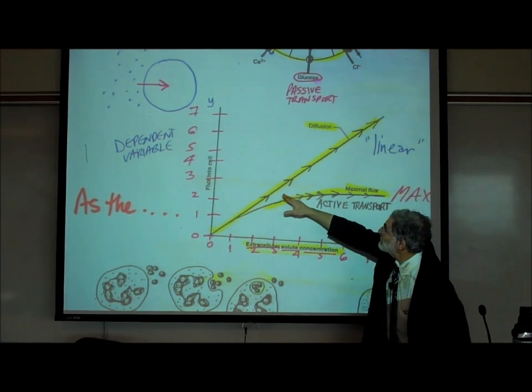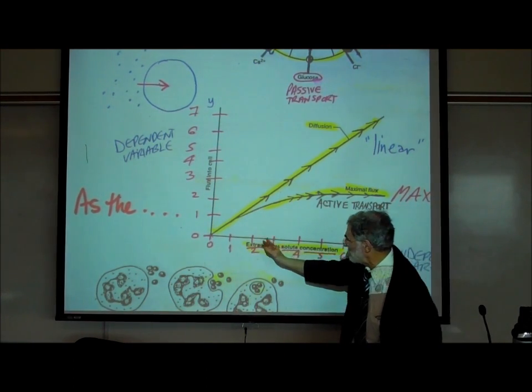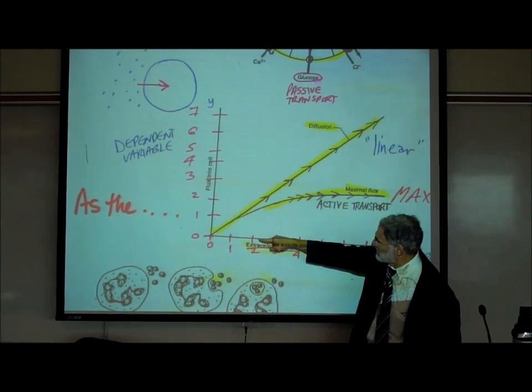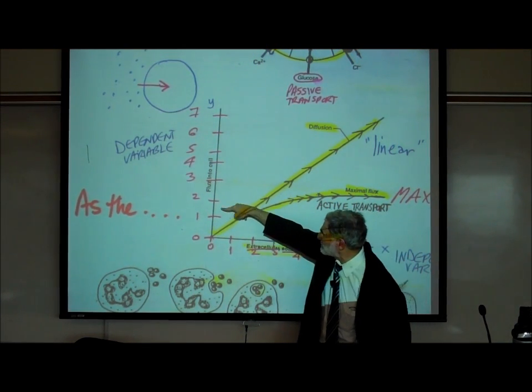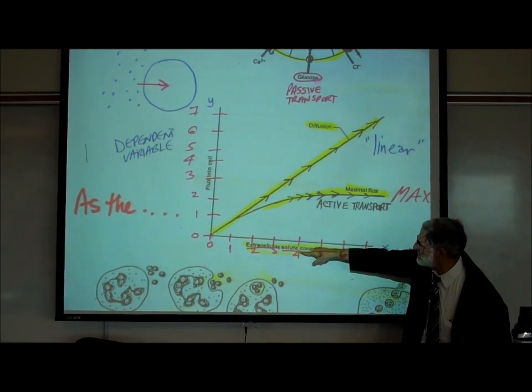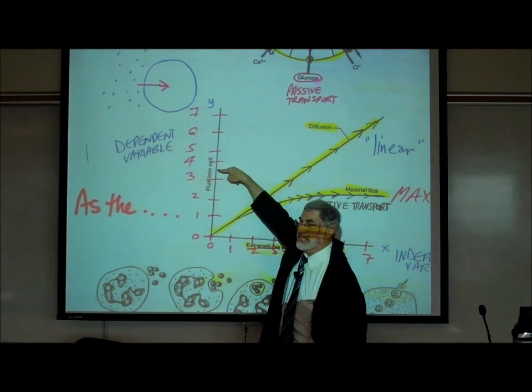So, look at this graph line. As the concentration increases, if it's this much, we get this much movement into the cell. If the concentration on the outside of the cell increases to 4, we get more flux into the cell.